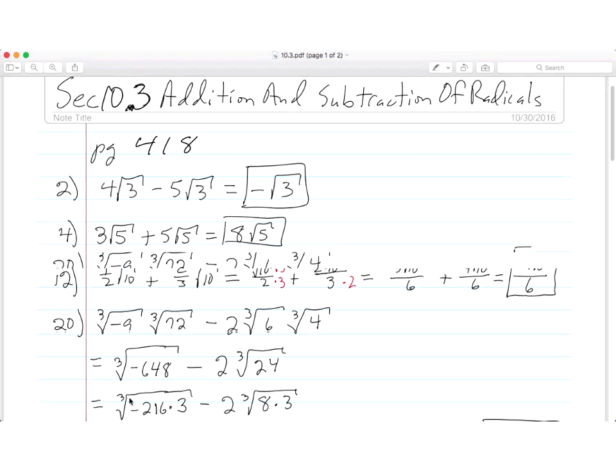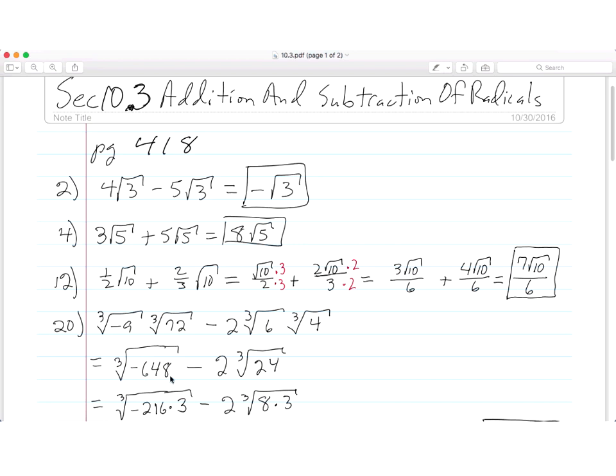Let me write negative 648 as a product of 2 terms, one of which is a perfect cube, the largest perfect cube factor. So negative 216 times 3 is negative 648. 8 times 3 is 24.